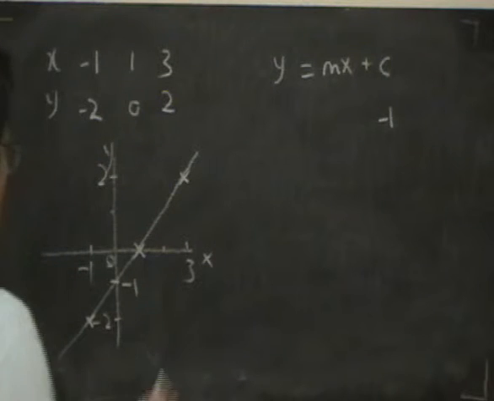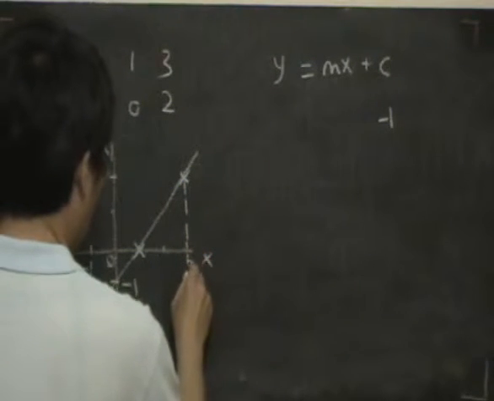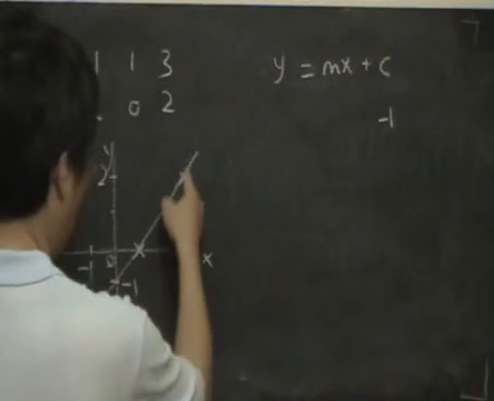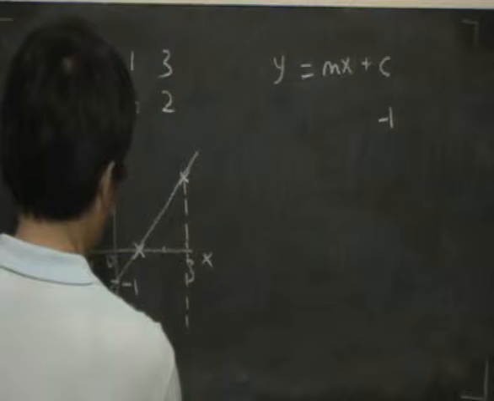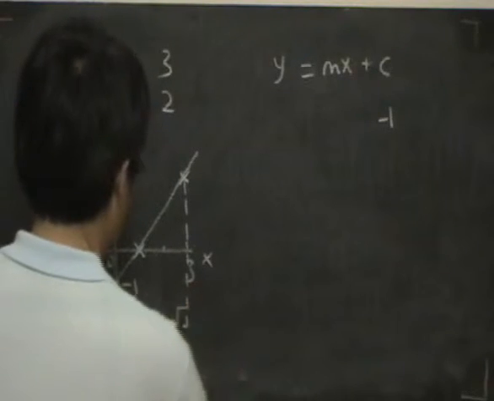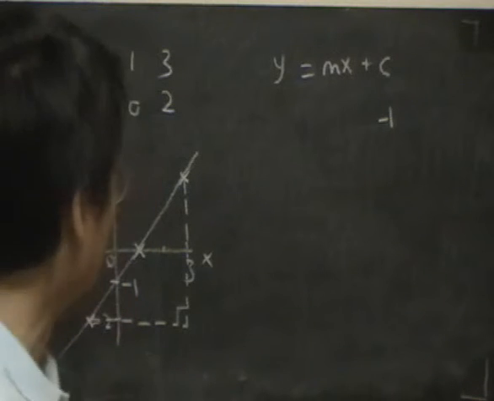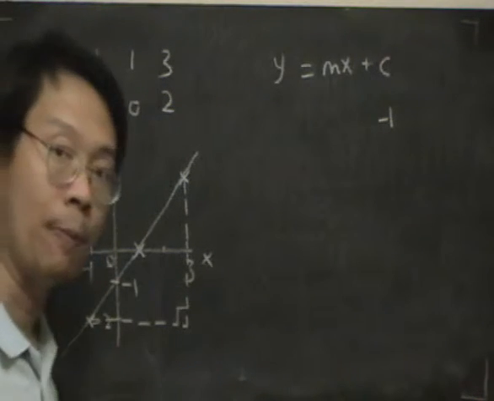For example, let me draw the vertical side through that point, and the horizontal side here. So I have a right-angled triangle and I can use this to find the gradient.